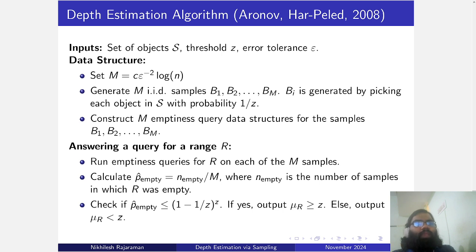Now, after we run these m emptiness queries, we can use this to estimate the probability that the range is empty by counting how many of these samples the range is empty in, divided by m.